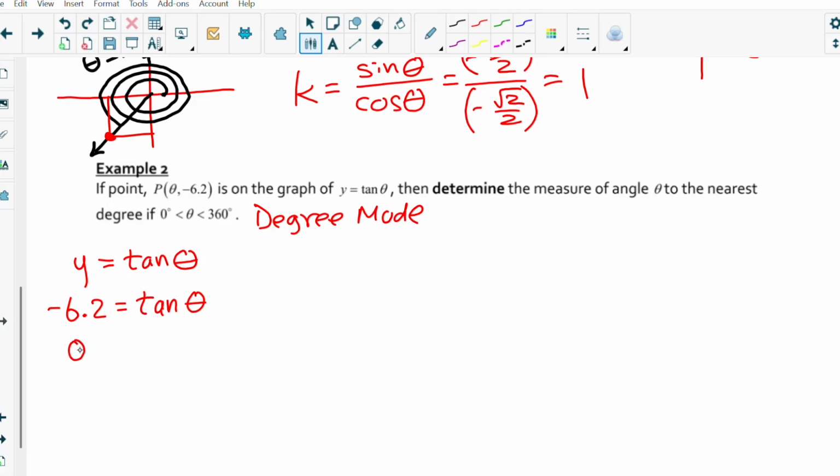I'm looking for theta r, the reference angle, because this angle exists in more than just one quadrant. So the reference angle equals inverse tangent of the absolute value of negative 6.2 on your calculator. My reference angle is 80.8376 degrees. It says to the nearest degree, we'll round at the very end. I'm just showing you a bunch of significant digits here.